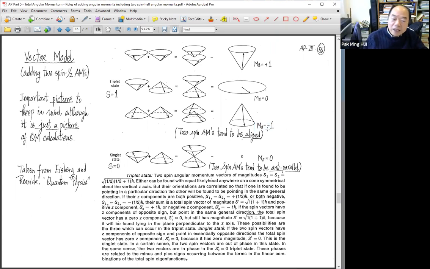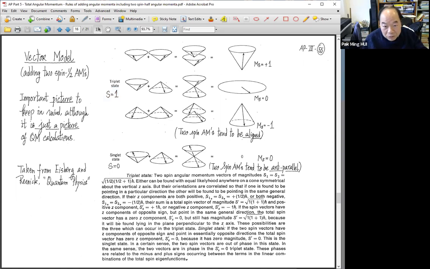Now, more interesting is how the artist's impression draws the 2 ms equals 0 states. However, they are different. One has a long total spin angular momentum. The magnitude here is square root 2 h bar. It's not 0. How to make a picture of it?